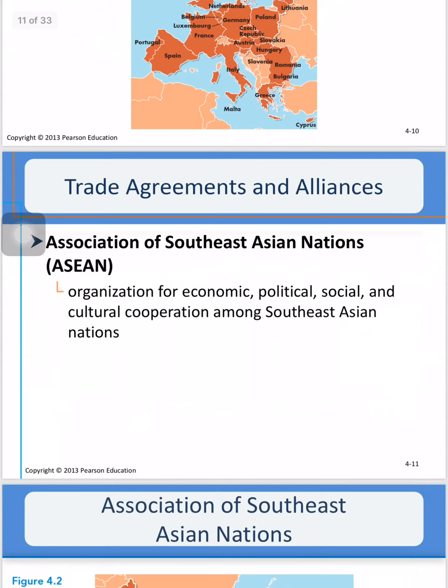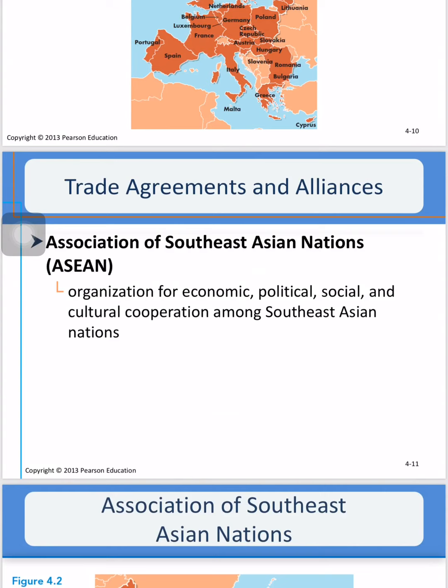Continuing with the trade agreements, next is ASEAN, the Association of Southeast Asian Nations, an organization for economic, political, social, and cultural cooperation among the Southeast Asian nations. This group has a population of over 575 million, and a GDP of about 2.6 billion.